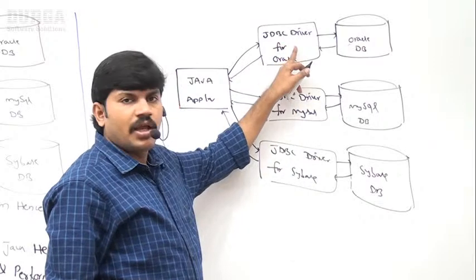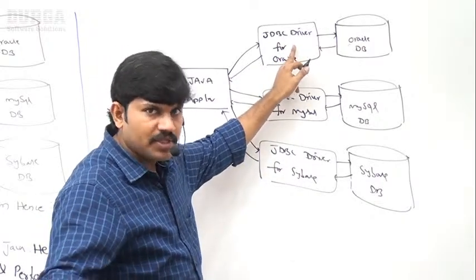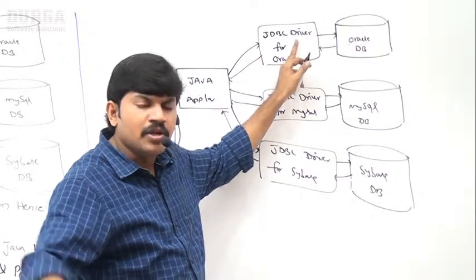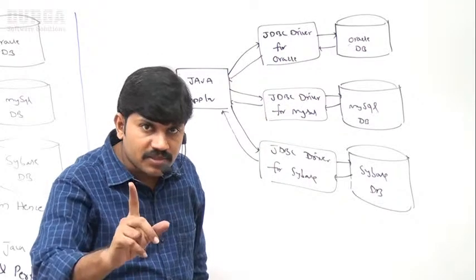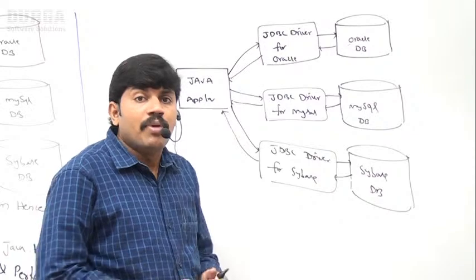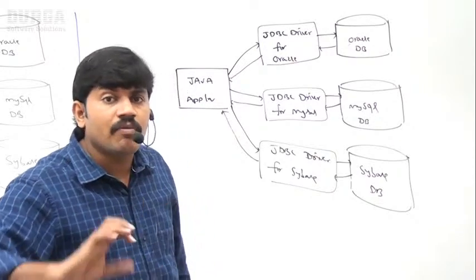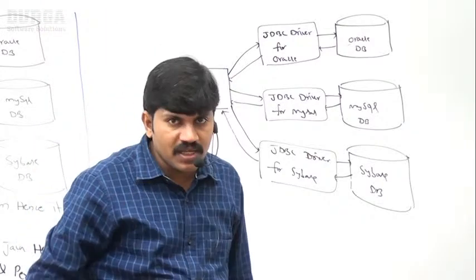You can use the same JDBC driver for Windows, Sun Solaris, Linux, any platform. That's why if I use JDBC for a Java application, it won't become platform dependent. Clear for all of you?